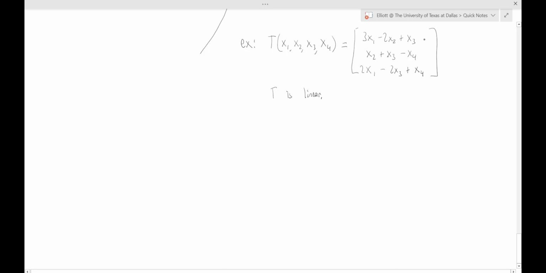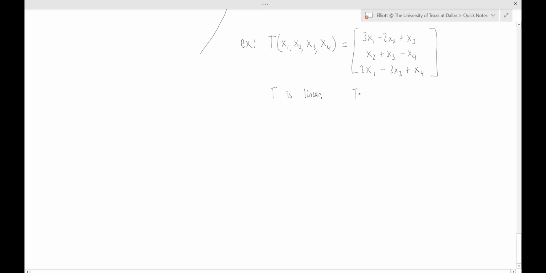So basically each component should be additions or subtractions of scalar multiples of the variables. Okay? So if that's the case, then T is linear.